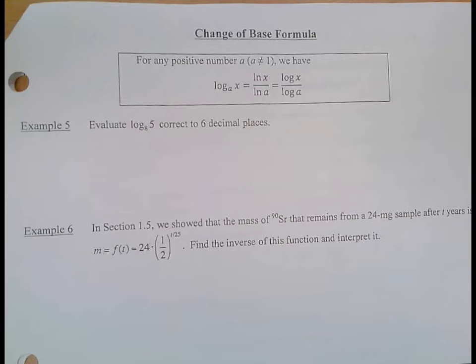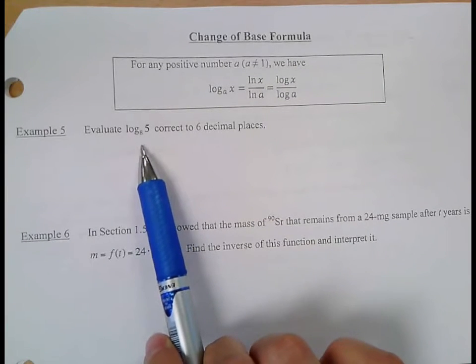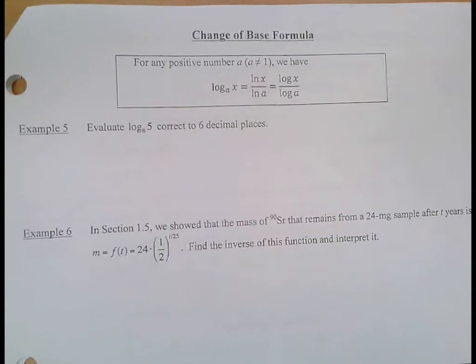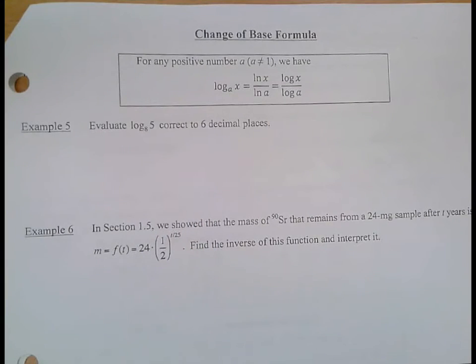I feel like there's a way that you can type in the log of a different base on the graphing calculator, but I'll be honest, I don't. Do you know how? And it might not work for everybody's calculator, I'm not sure. If you have a newer one, it probably does.